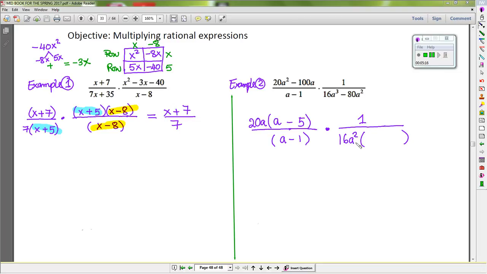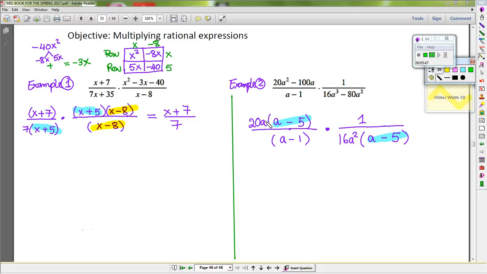So 16a to the power 3 divided by 16a squared gives us a. Negative 16a squared divided by 16a squared will give us negative 1. Now next step, we are going to divide out all of the common factors. So we have a minus 1 as the common factor, so it will be gone.